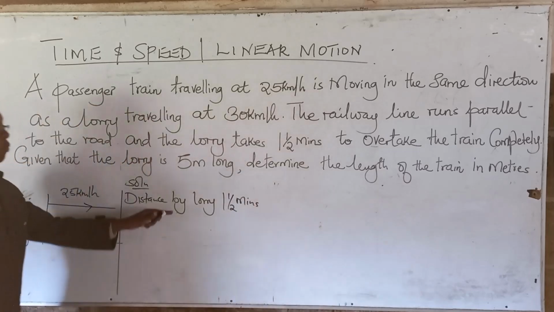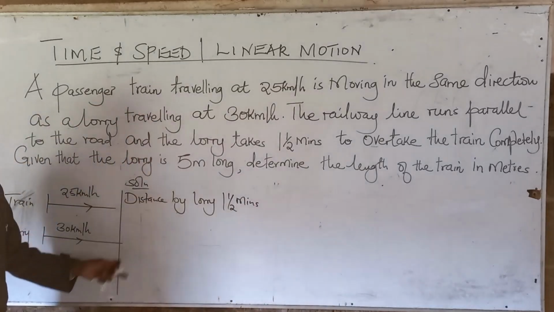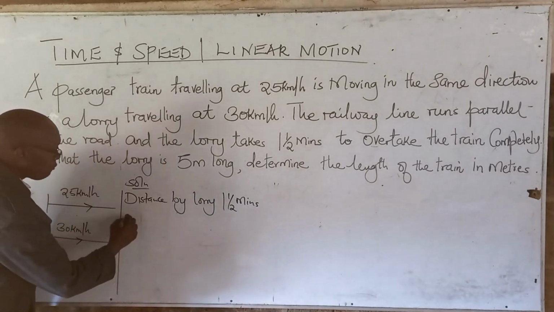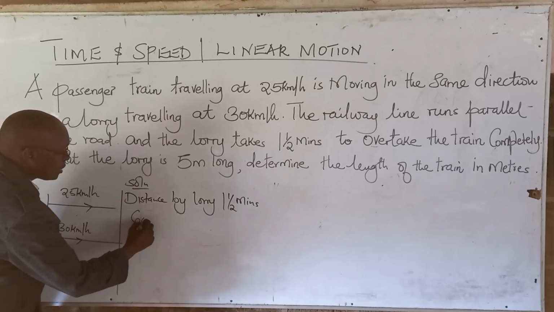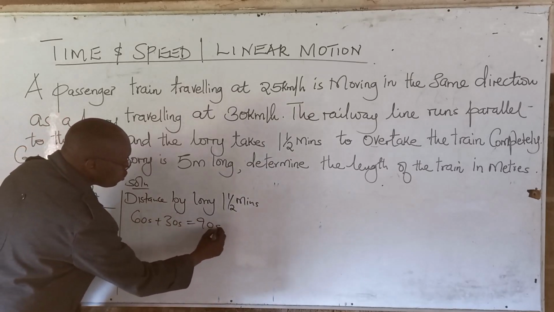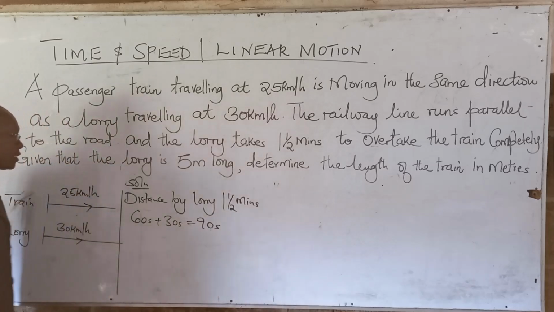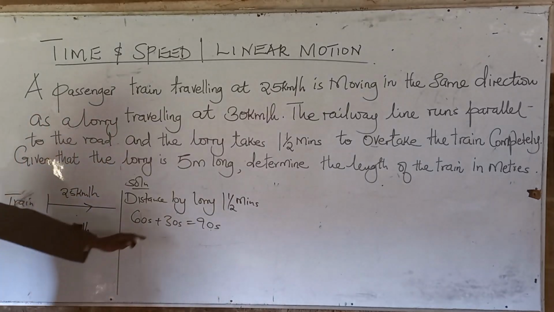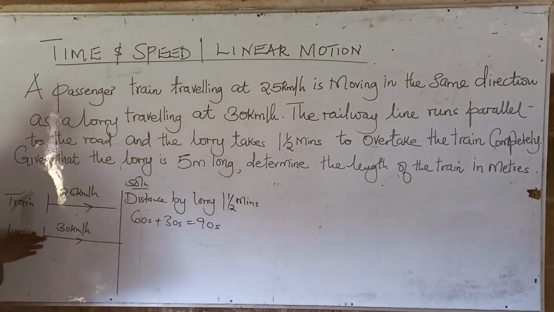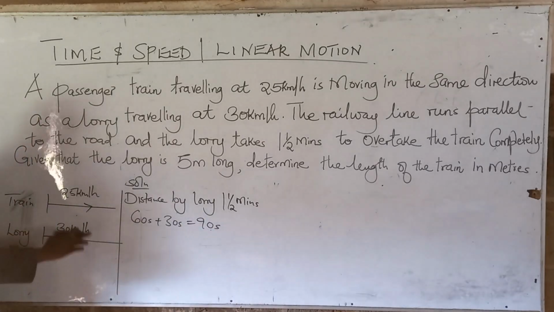Remember that 1.5 minutes, if I convert that one, because I want to use meters per second, 1.5 minutes will be the same as 60 seconds plus 30 seconds. This is equivalent to 90 seconds, 1.5 minutes. So we need to get the distance by the lorry in 90 seconds, because that is the time taken by the lorry to overtake the train.